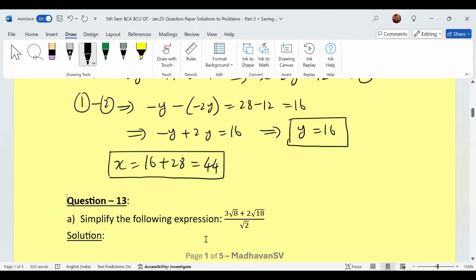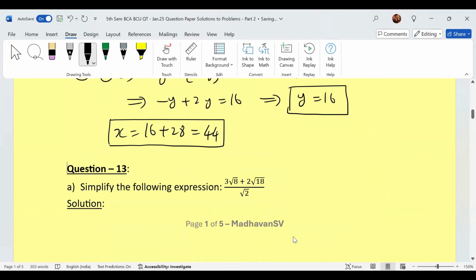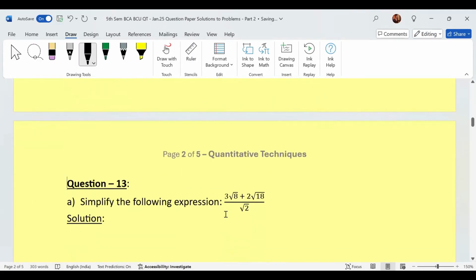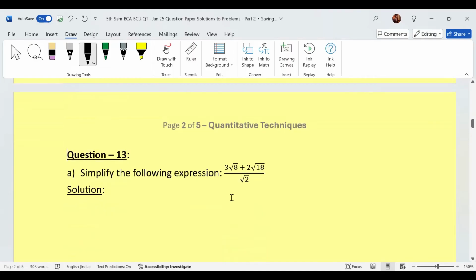Question 13. First question is, I think we'll shift this to the next page only. Simplify the following expression. 3 root of 8 plus 2 root 18 divided by root 12. So given, we will split it as 4 into 2.